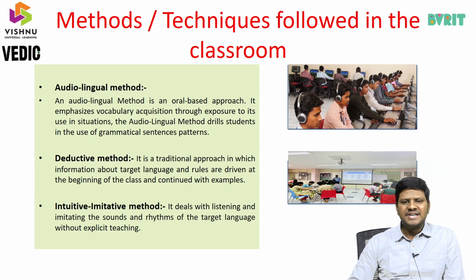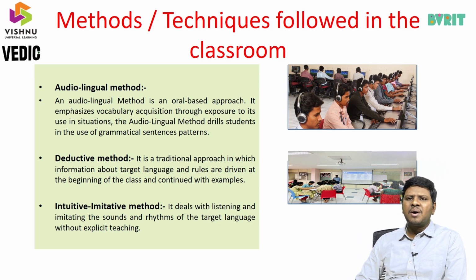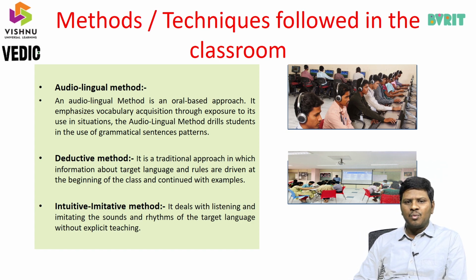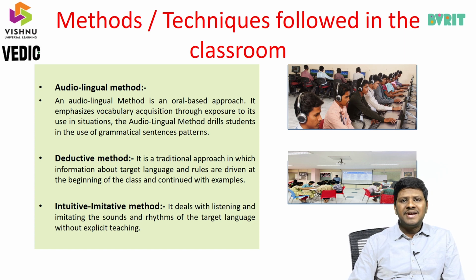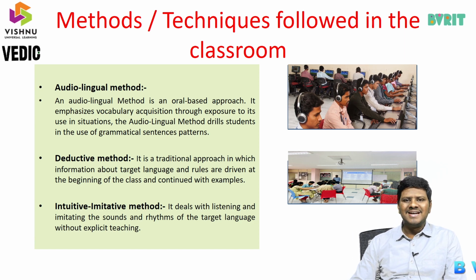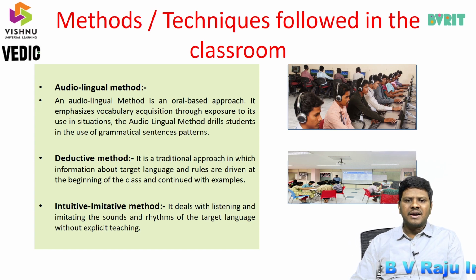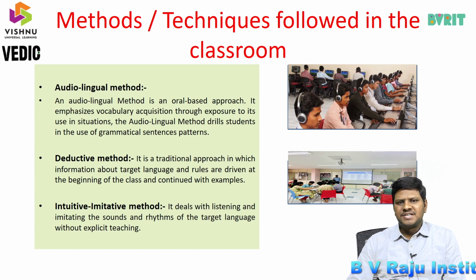The second one is the deductive method. It is a traditional approach in which information about the target language and rules are given at the beginning of the class and continued with examples. The third one is the intuitive imitative method. It deals with listening to and imitating the sounds and rhythms of the target language without explicit teaching.